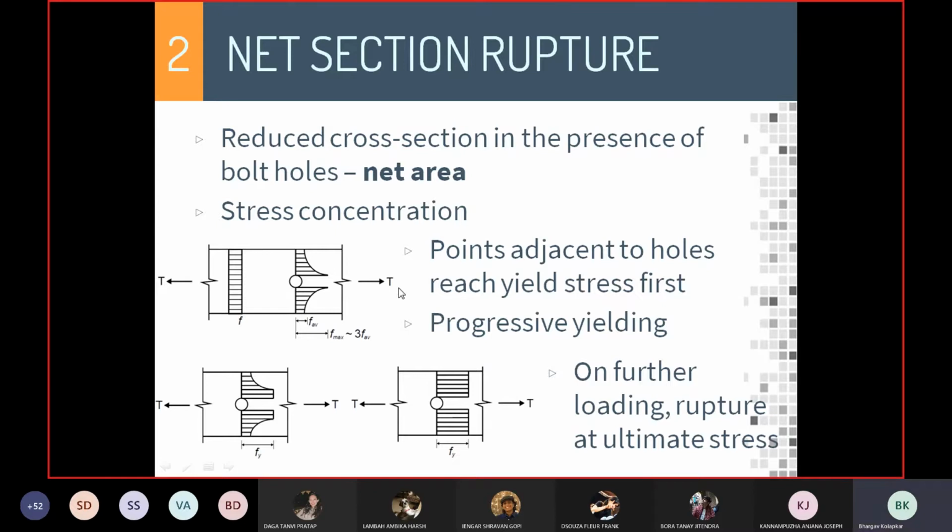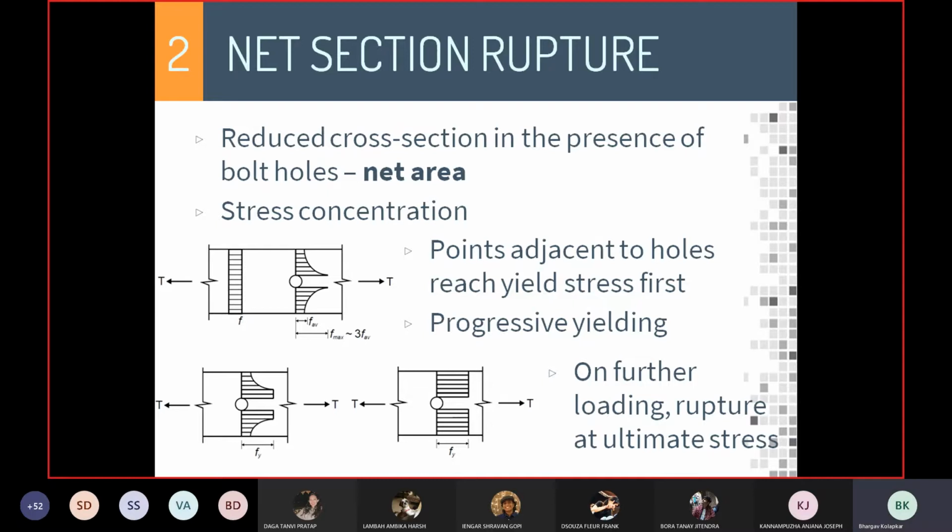Because for the same tensile force, here the stress is uniform, but in and around the bolt hole, the stress is very high near the bolt holes, and the stress is lower as we move away from the bolt hole. We're just trying to understand what happens when we punch in a hole. After we've punched a hole and we start loading it, this stress is going to be higher than the rest of the stress. So as we load it further, this stress will reach Fy before all the other sections.